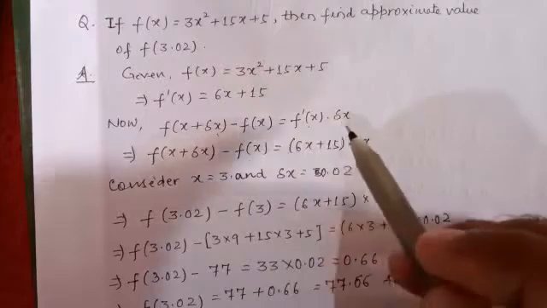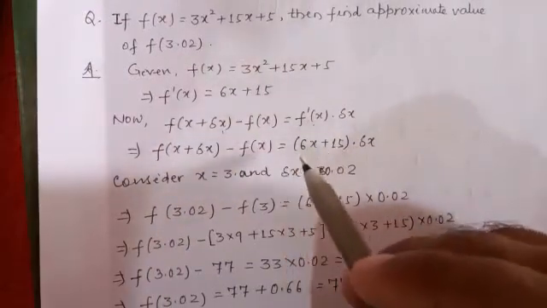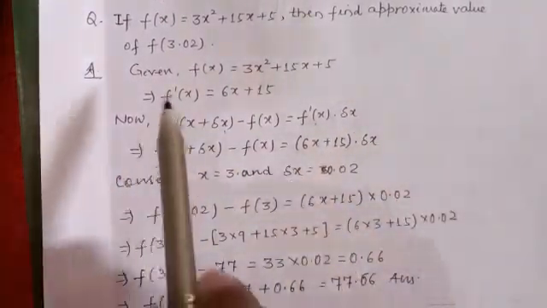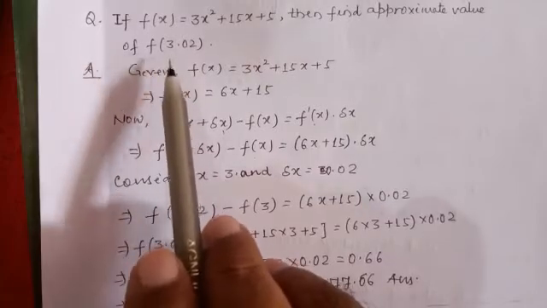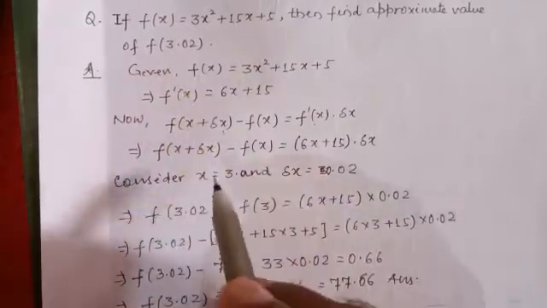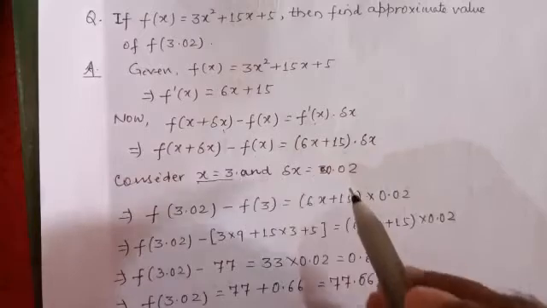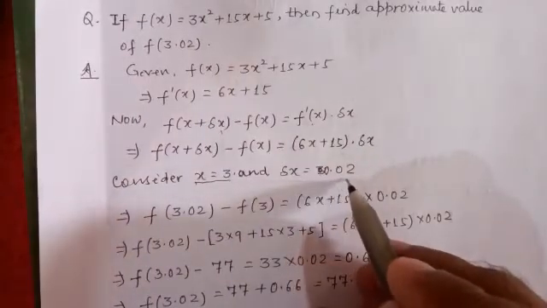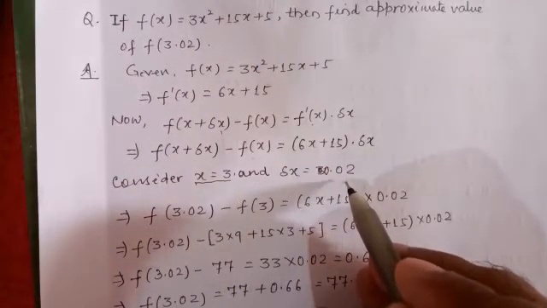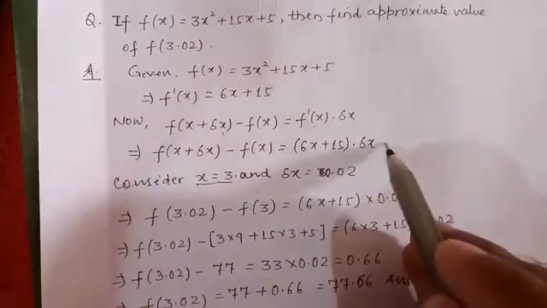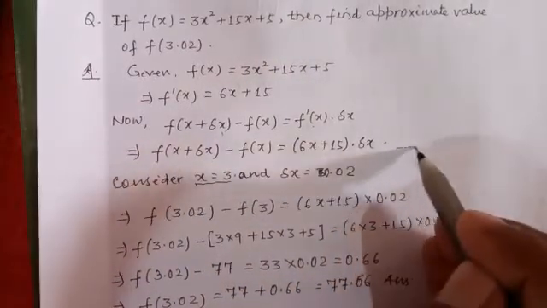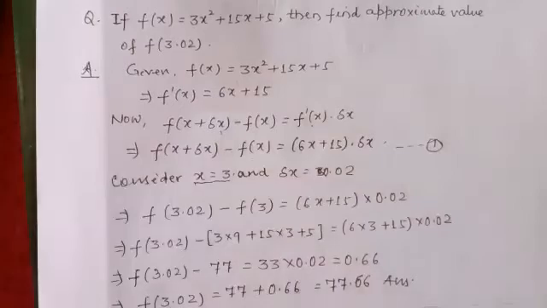Again apply suitable values for x and delta x. So it is quite simple. Consider x is equal to 3 and delta x is equal to 0.02, and put these values here, or you may consider it as equation 1.